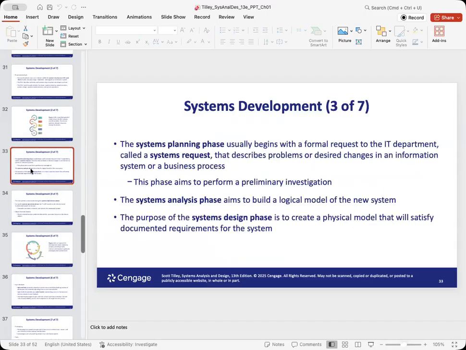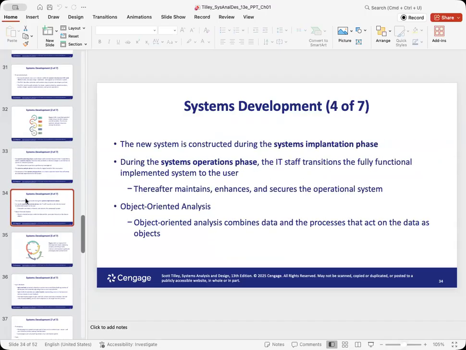No, we have moved. So the new system is constructed during the system's implementation phase, sorry, systems implementation phase. During the system's operations phase, the IT staff transitions the fully functional, excuse me.